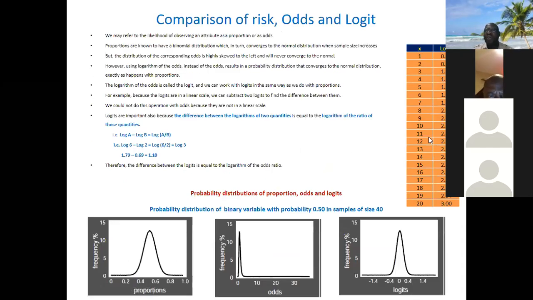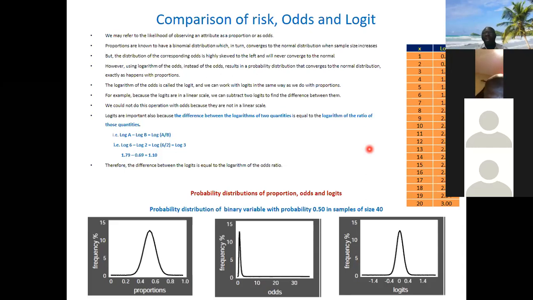The log of odds, when we refer to the likelihood of having an attribute or proportion, I think I've explained this one. Logs are important because the difference between the logarithm of two quantities is equal to the logarithm of the ratio of the quantities. That is, logarithm of A minus logarithm of B is the same thing as logarithm of A divided by B.